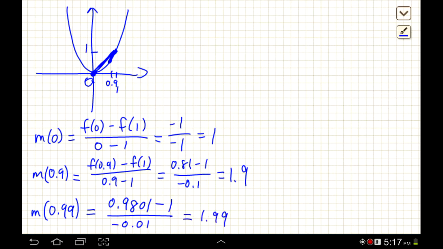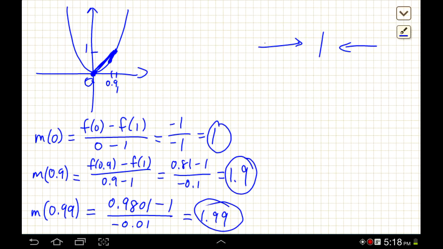So you can see that approaching 1 from the left, we get a slope value that's getting closer and closer to the value 2. Okay, and approaching 1 from the right, we had 3, then 2.1, then 2.01. So we have a slope value that approaches 2 as well.